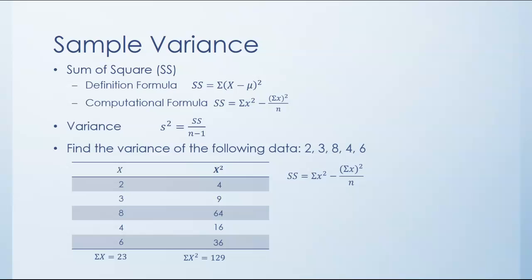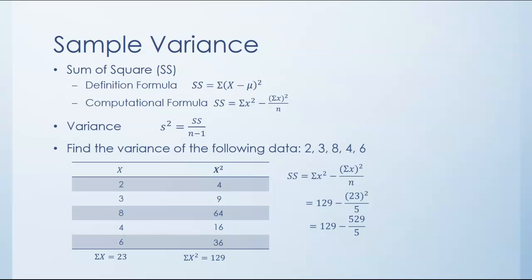So then to find our sum of squares, we're going to do our sum of x squared, that's our 129, minus 23, which is our sum of our x's, squared, divided by 5. Again, remember at this point, the formula looks exactly the same. There's really no difference between what we're doing from the population variance to the sample variance.